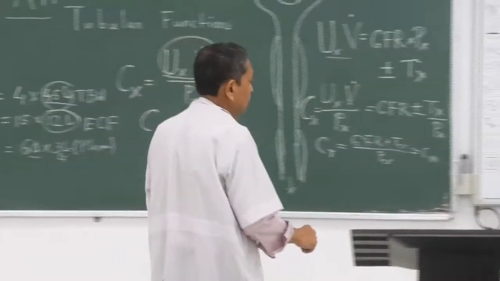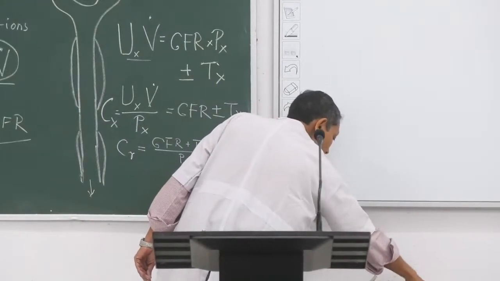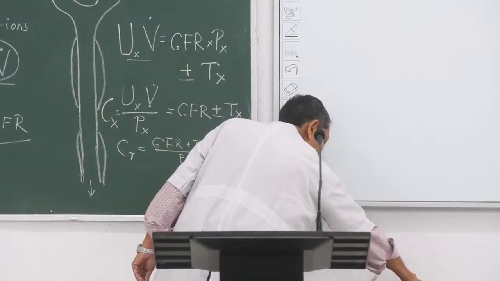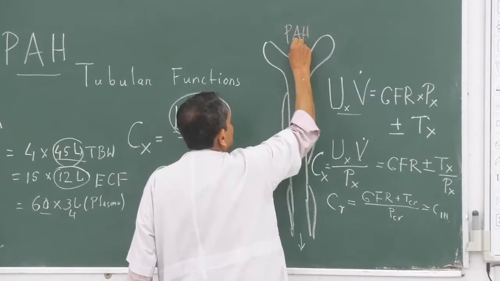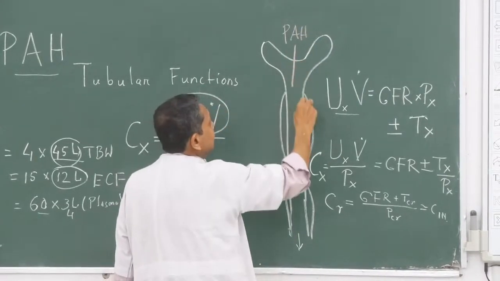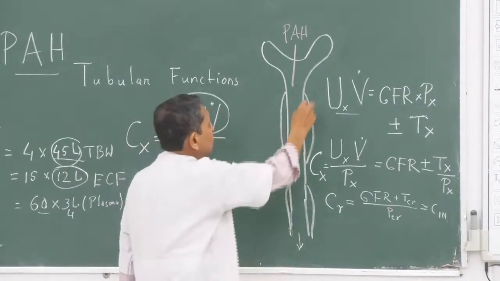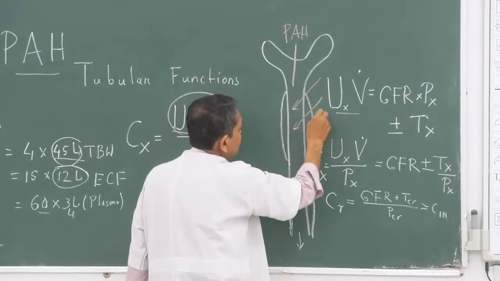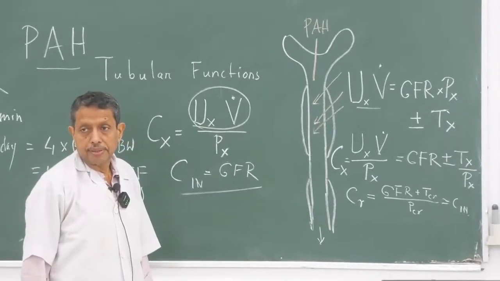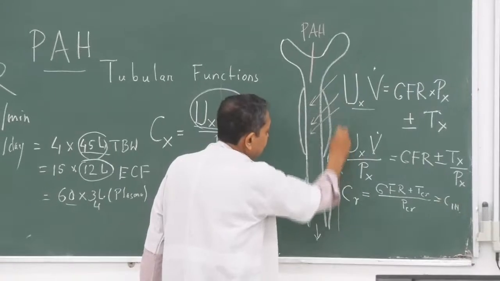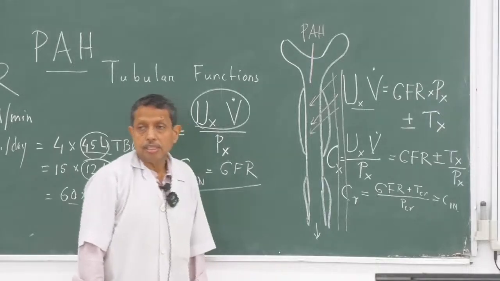Suppose para-aminohippuric acid is extensively secreted, so that all is eliminated within the peripheral capillaries, in the proximal tubule.